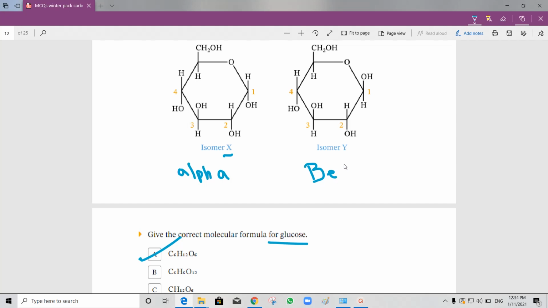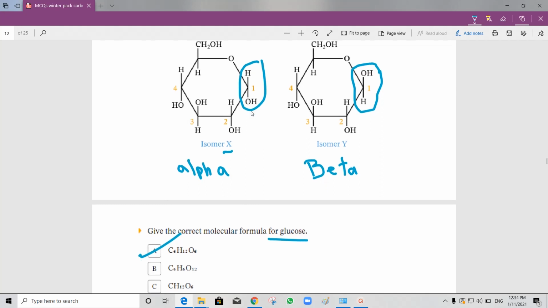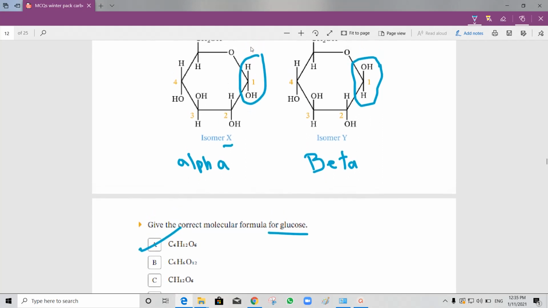How do I know? By looking at this part: when you see that OH at the top, this is beta. When you see that OH at the bottom, at the lower level, it will be alpha. The hydrogen is up and OH is at the bottom.